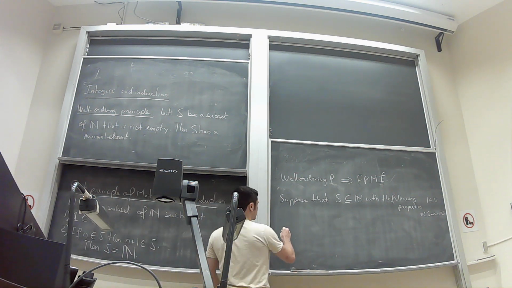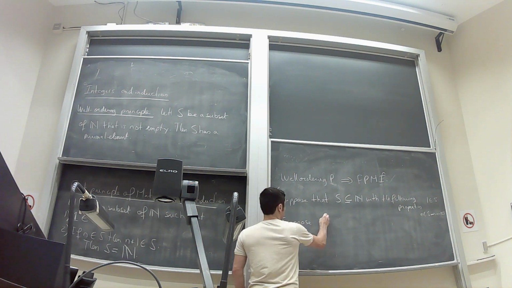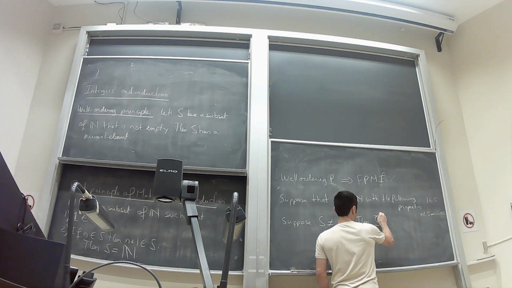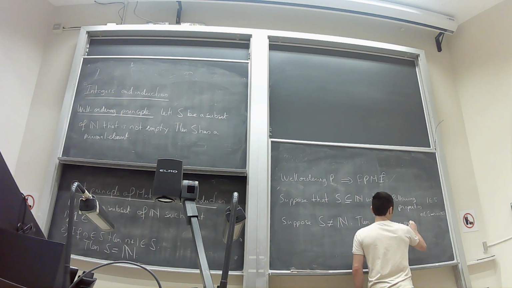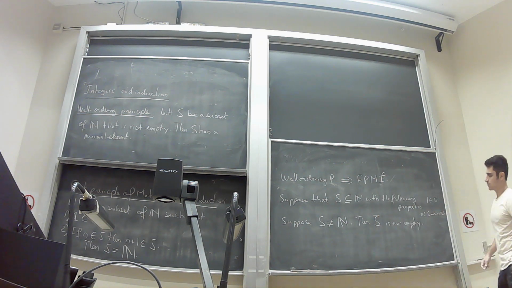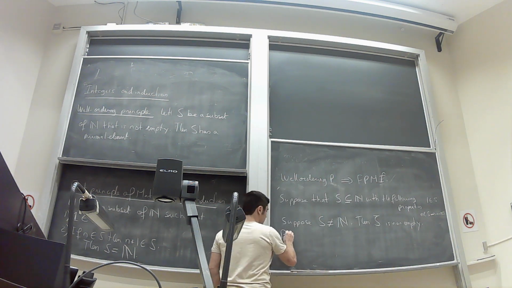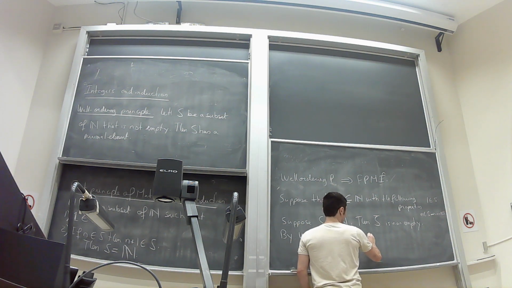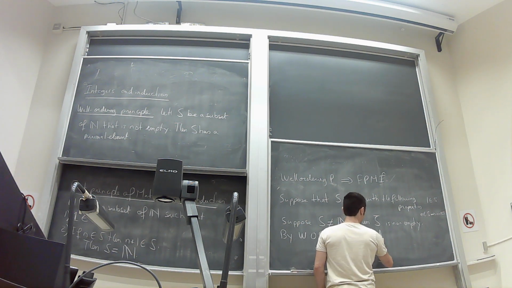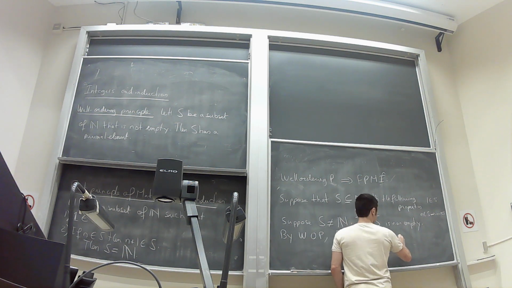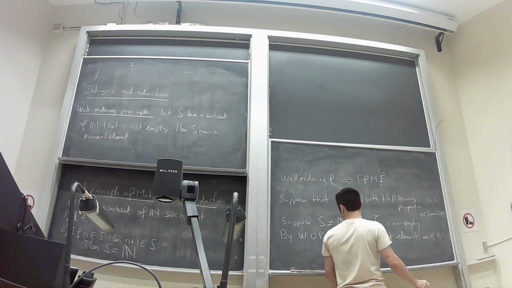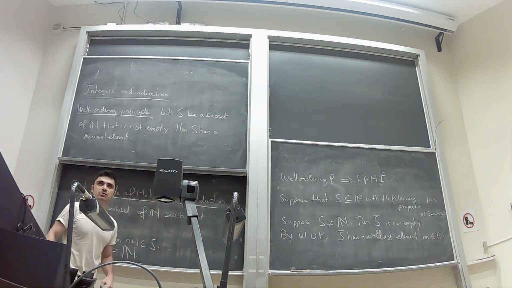So suppose S is different than N. Then S complement is not empty. If S complement is not empty, by the well-ordering principle, S complement has a minimal element, a least element that we'll call m in N. Now I will get to a contradiction.